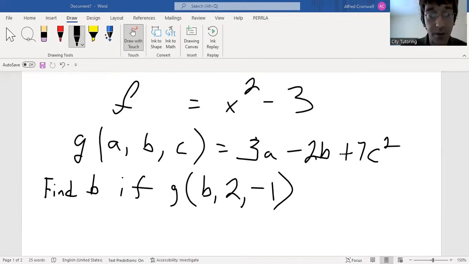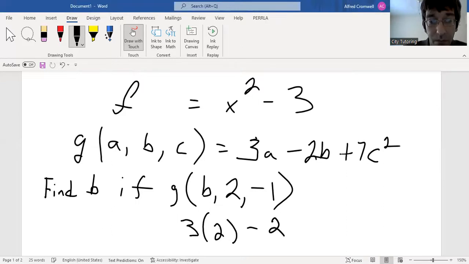Well, a lot of students, what they do is they start plugging in and they say, okay, that's easy. They'll say 3 times 2 minus 2 times B plus 7 times negative 1 squared.